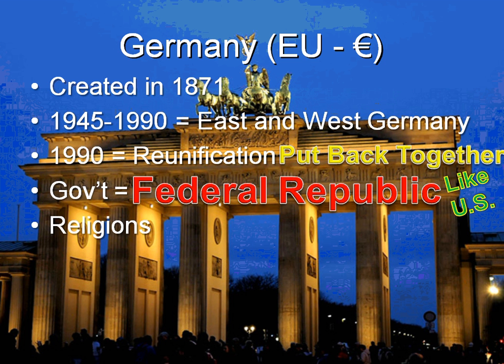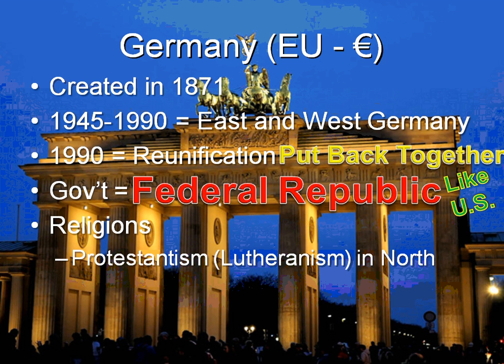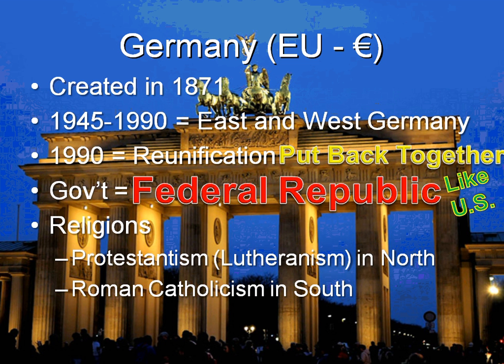And in northern Germany today you have Protestantism, and as you will find out on Monday, Germany has had a lot of immigrants coming to its country from the Middle East.